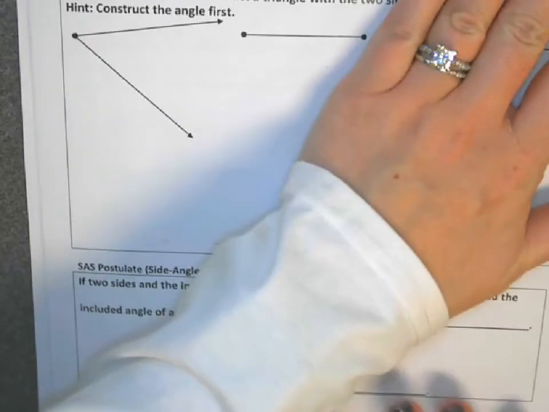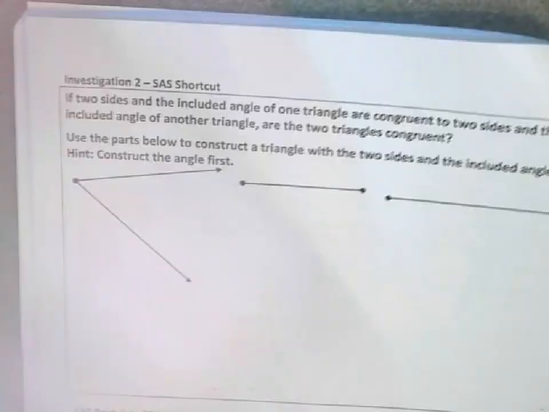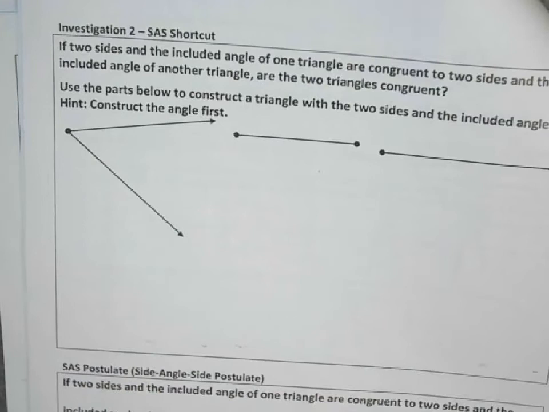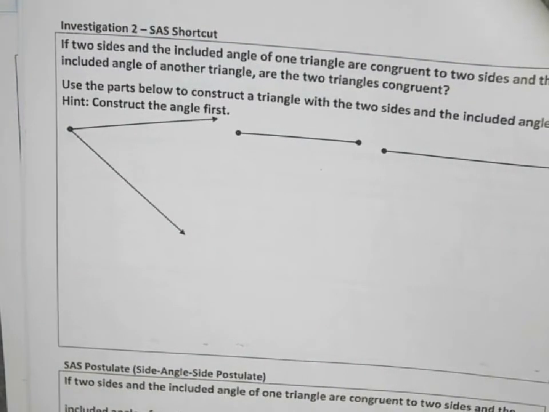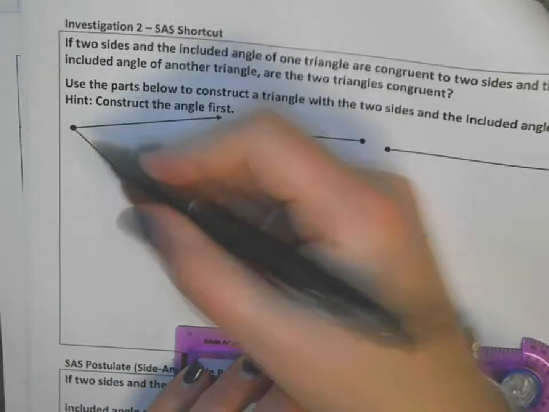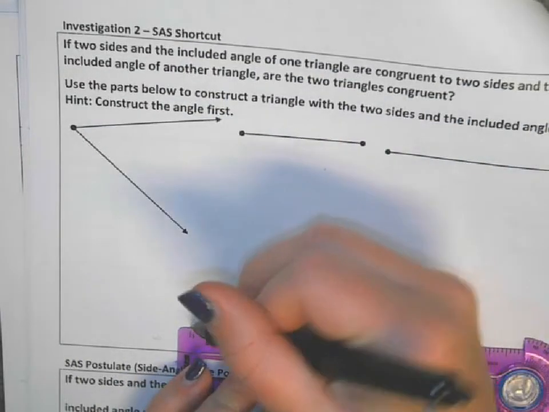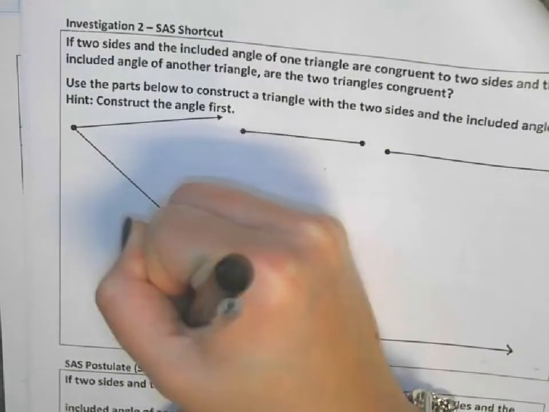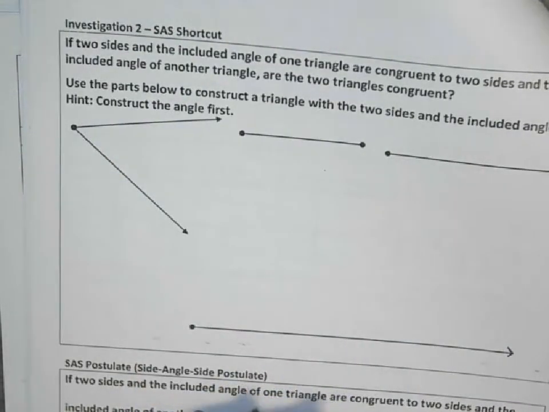The next one, investigation 2, is working with side angle side. Now for side angle side, we're going to again start with a ray because we have to copy the angle first. So start with that ray.